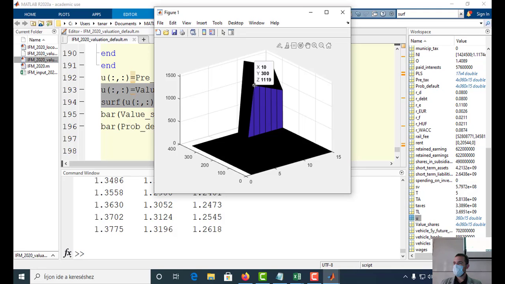But at the same time, in the realistic, just now historical scenario when the Hungarian forint was strong, then it's just a bit more than 1000 forint.